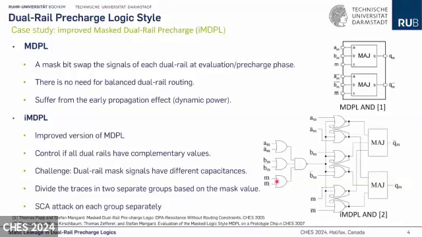And the adversary can divide the traces into two separated groups based on the mask value and then perform an SCA attack on each group separately. In this way, the adversary can remove the entire effect of the mask.